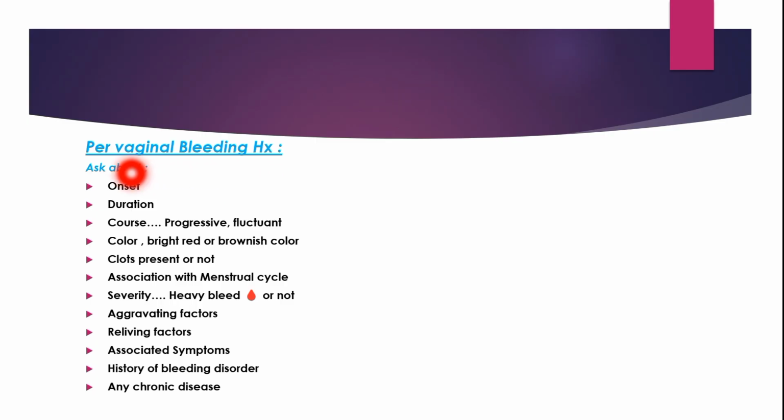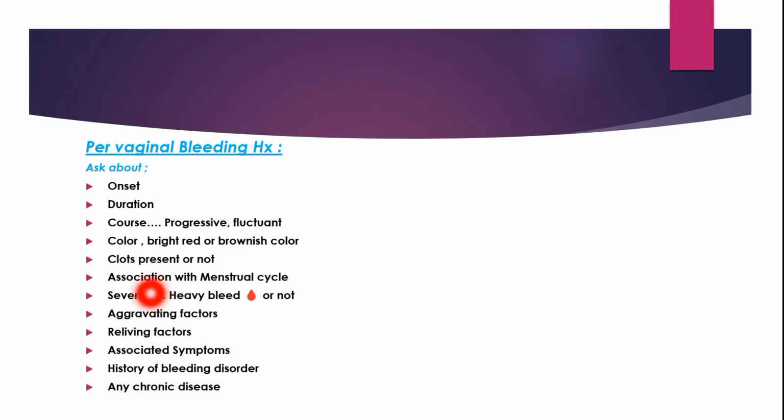The second one is the vaginal bleeding history. So in PV bleed history, ask about the onset, whether it is sudden or gradual. Ask about the duration of the PV bleed. Also ask about the course, whether it is progressive or fluctuant. Also ask about the color, whether the blood is bright red or brownish, and whether clots are present or not.